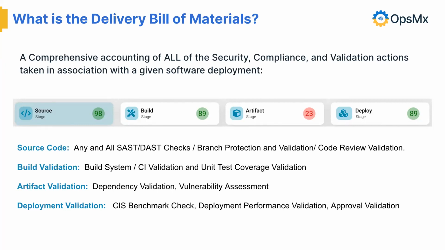So again, when we think about what that delivery bill of materials is, it's really an accumulation of all of this data to represent the efficacy of this given deployment that's going to go out. Now, again, the challenge here, and we'll talk a little bit later in the presentation about this, is how do I do this at scale?